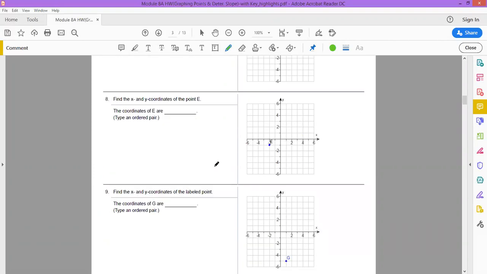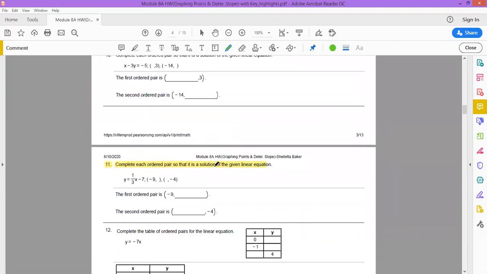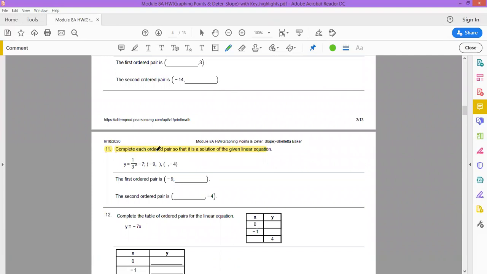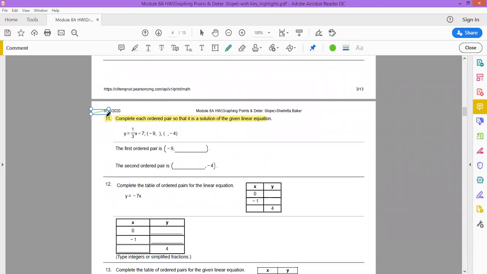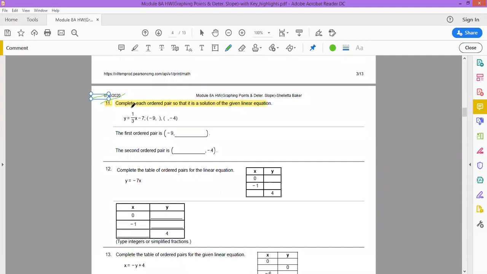Let's move on to number 11. You're asked to complete each ordered pair so that it is a solution of the given linear equation. So you're given this equation, y equals 1/3 x minus 7, and you're really being asked to fill in these two spaces.